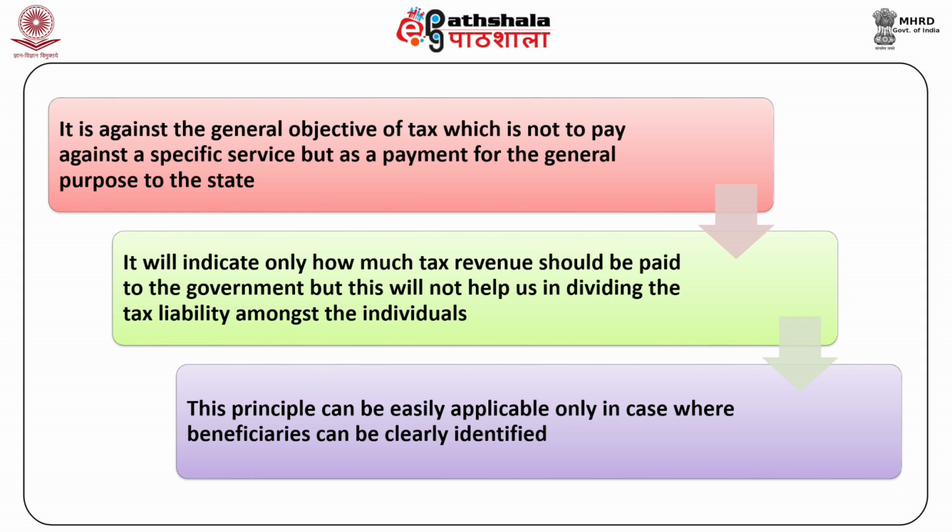Fourth, it will indicate only how much tax revenue should be paid to the government, but this will not help us in dividing the tax liability amongst individuals. Fifth, this principle can be easily applicable only where beneficiaries can be clearly identified. To summarize, the benefit received approach can be used only to get a partial solution to the problem of fair and equitable distribution of tax liability.